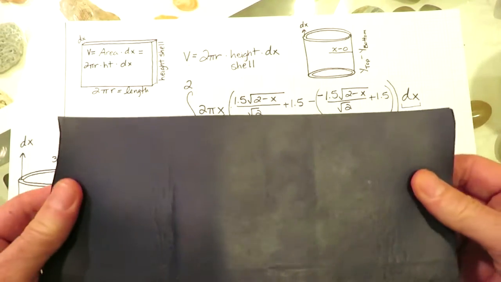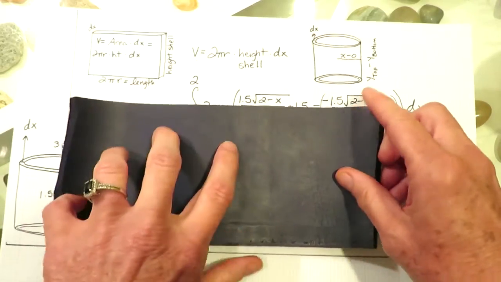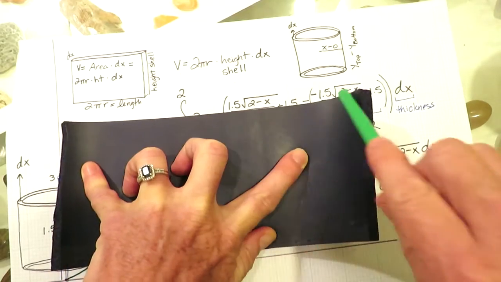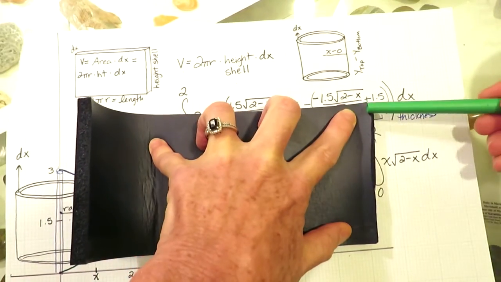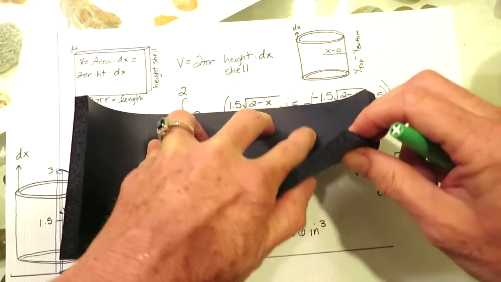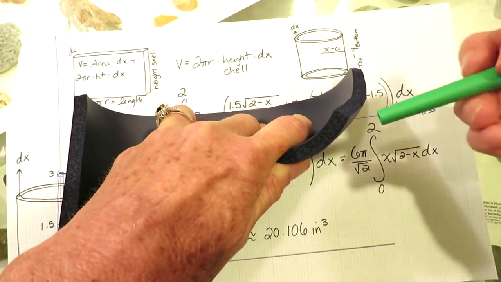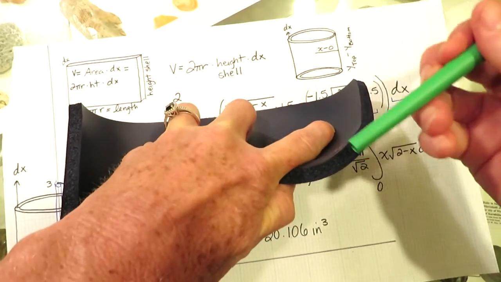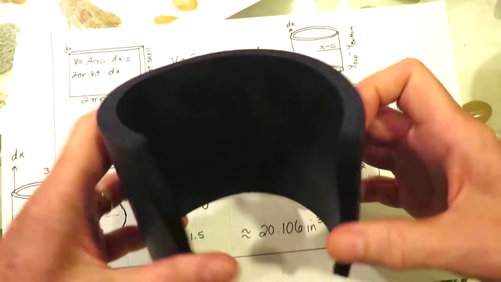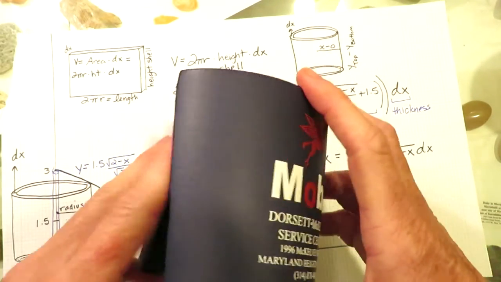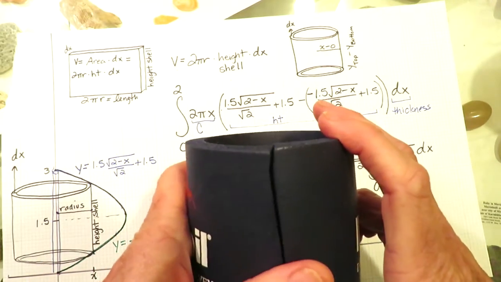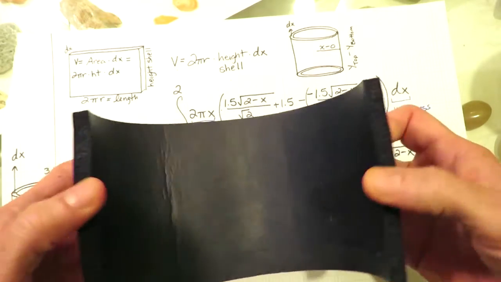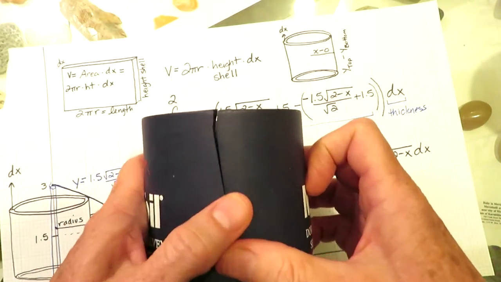So again, it starts off as a box, and a box has volume length times width times height. The length is this side, and the width, and then the height is how thick the shell is. I have a can coulis here, so it's the thickness of the can coulis. So length times width times height is the volume of the box, and when I wrap it around, it will still have the same volume as my shell. So in terms of a shell, what was the length of the box becomes the circumference of the shell.